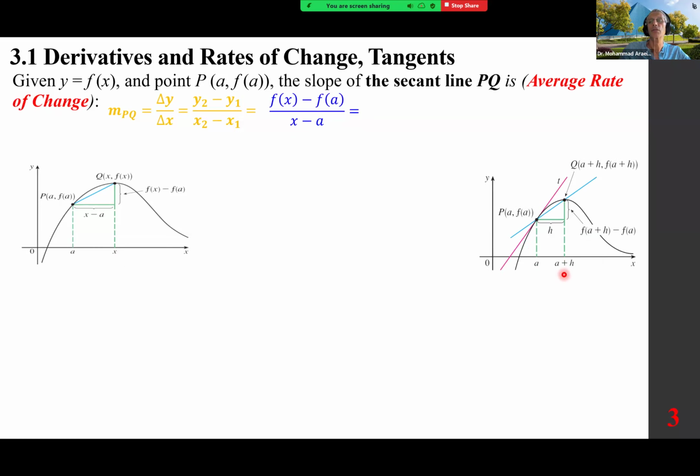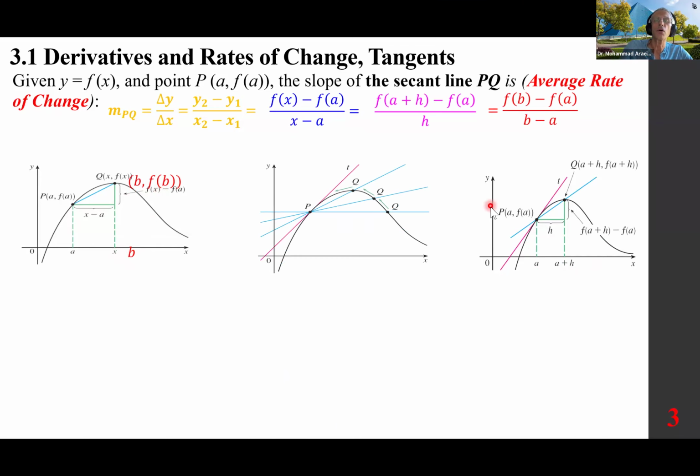In this case, we can say f of a plus h minus f of a over h. If this point, now we call it B, the y coordinate is f of B, it's f of B minus f of A over B minus A. All of them are the same, rise over run.